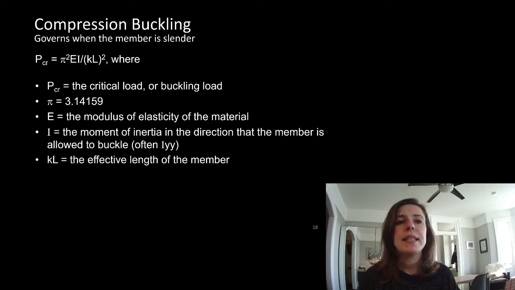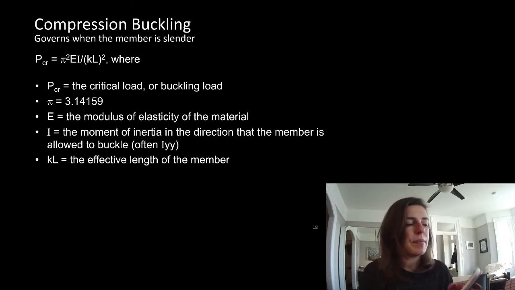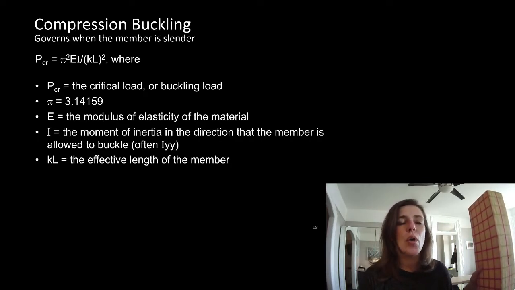Now, this is where it looks terrifying. Don't worry, we're going to walk through this slowly. It's not as intimidating as it looks. The hardest part about this equation is using your calculator well. So, P critical is the critical load or the buckling load for your element at that length.